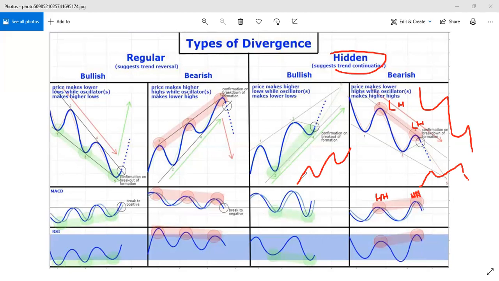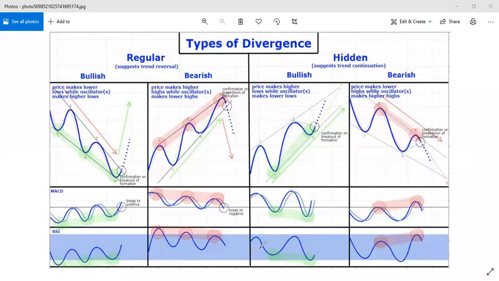So this is all you need to see within an uptrend, seeing your oscillator giving you lower lows in this direction. As you can see, your oscillator is facing down, all right? This is all you need. So guys, pay attention to this as I walk you through the live chart in a couple of seconds right now.